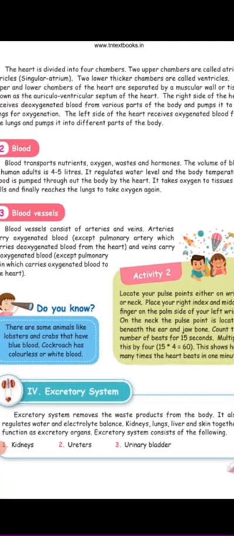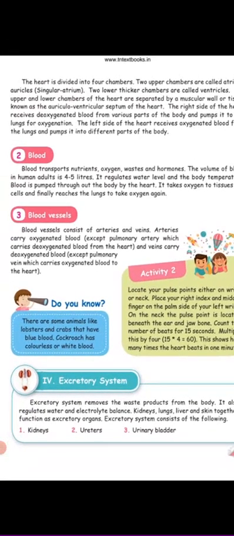It is regulating the water level and body temperature. So only from the heart is blood pumped. Yes or no? Yes. One is deoxygenated blood on the right side and oxygenated blood on the left side. It takes the oxygen to all the cells and finally reaches the lungs again, and from the lungs it pumps the oxygen and takes it to different parts of the body.